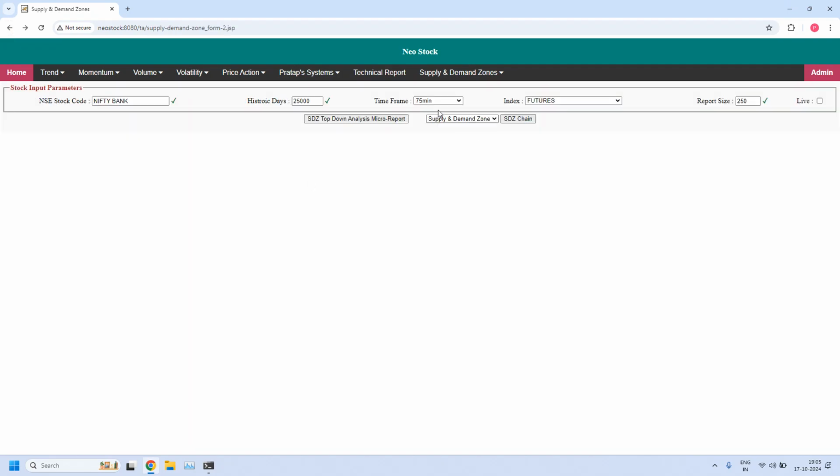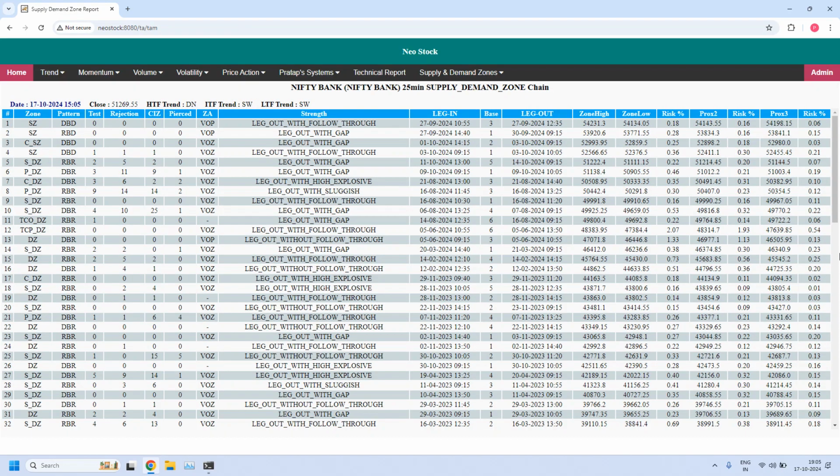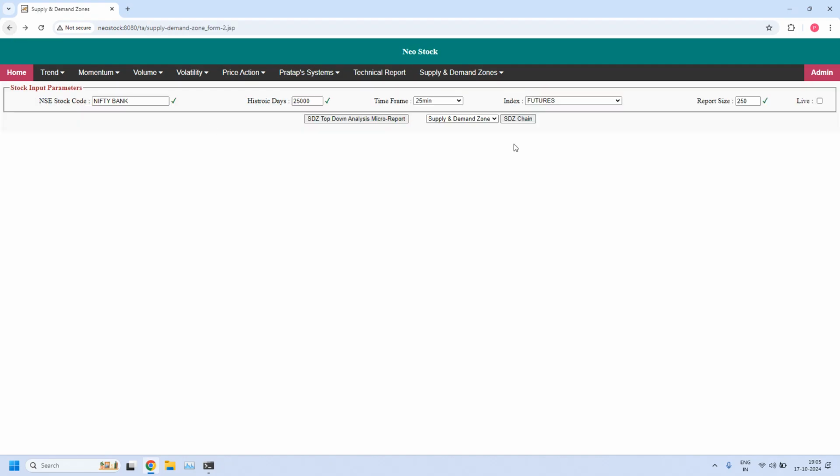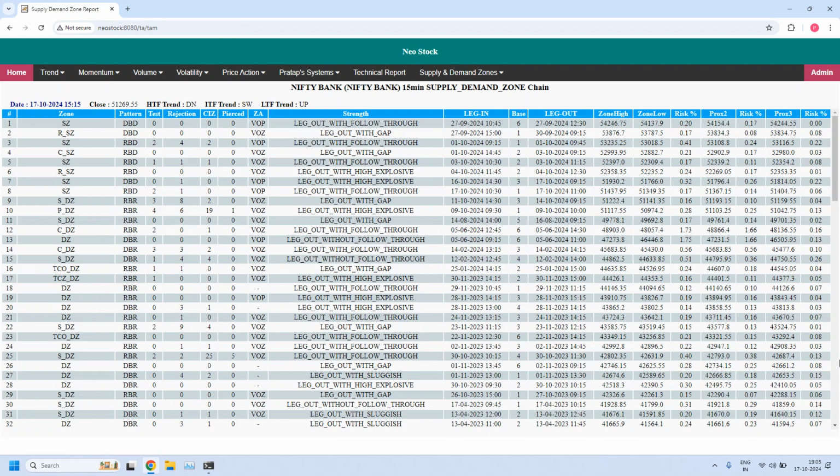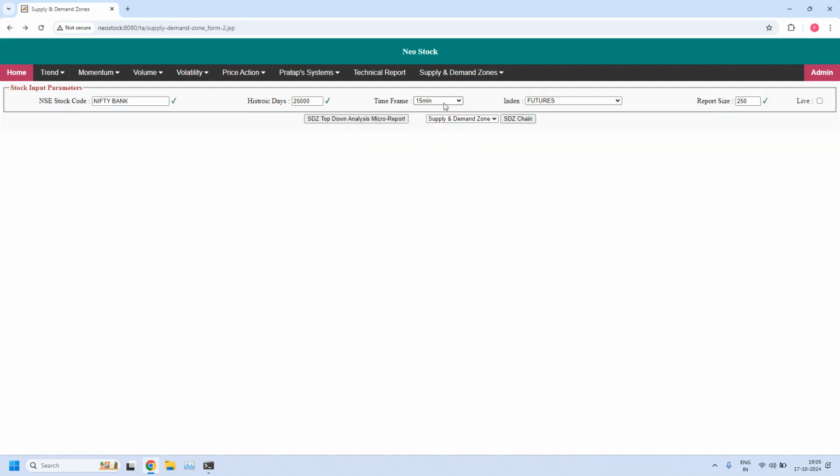The next time frame is 25 minutes, generating 25 minutes supply demand zone chain for Bank Nifty. The next time frame is 15 minutes, generating 15 minutes supply demand zone chain for Bank Nifty. And the last time frame is 5 minutes, generating 5 minutes supply demand zone chain for Bank Nifty.